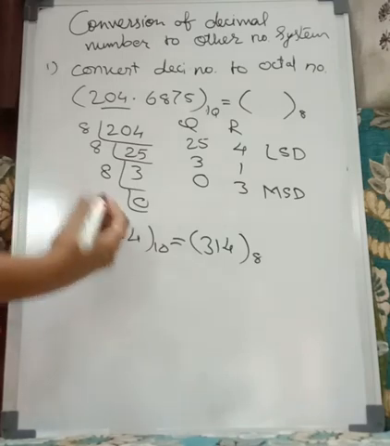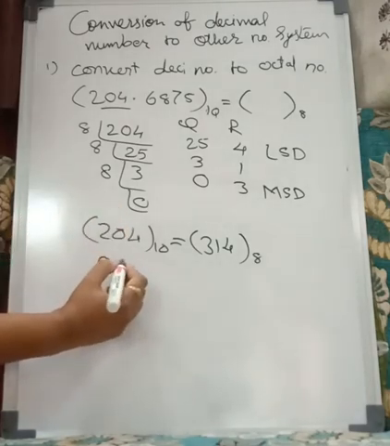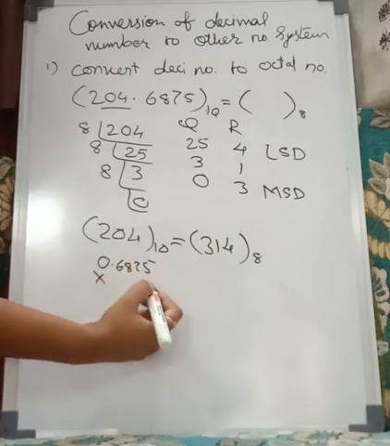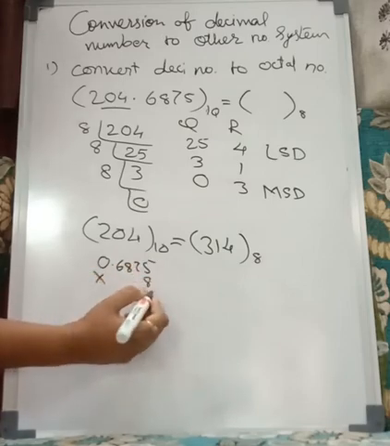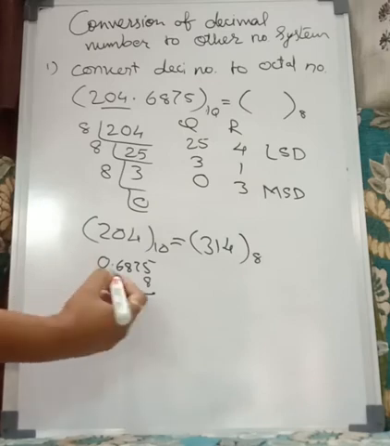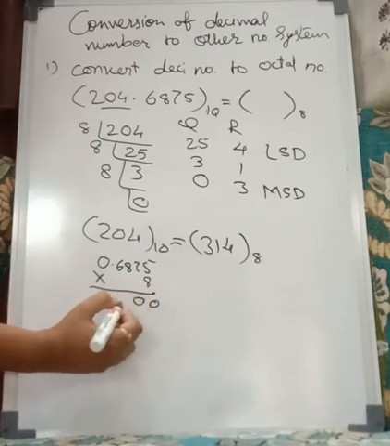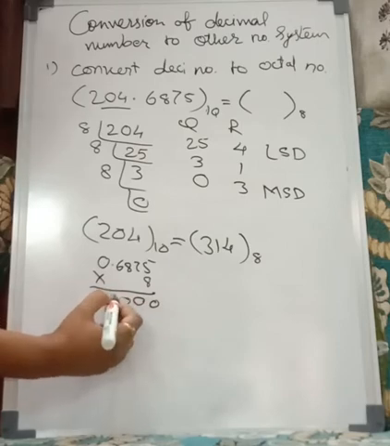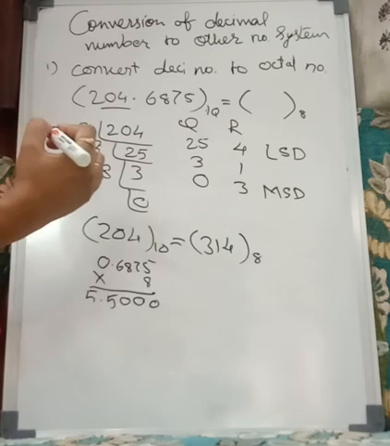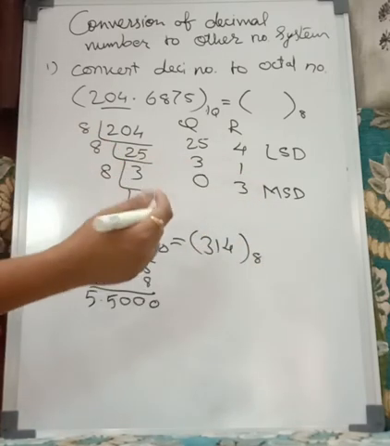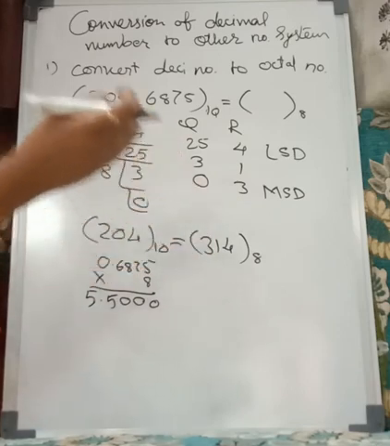Okay, so the first part we had already done, and now we'll see the fractional part. Let us have the fractional part 0.6875, and now I am going to multiply this by 8, and what I'll get is 5.5. Okay, now what I'll do, I'll skip this 5 because again the number will not be included in the octal number system.